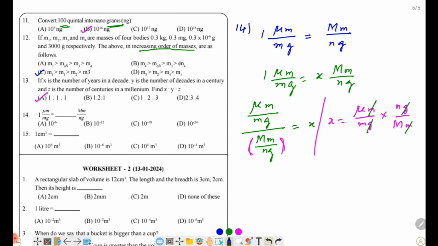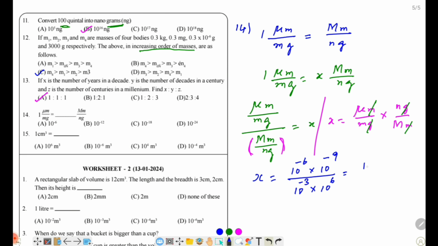Now write the numbers for the remaining things. X is equal to micro, which is 10 to the power minus 6, times nano, which is 10 to the power minus 9, divided by small m, which is milli, 10 power minus 3, into capital M, which is mega, 10 power 6.